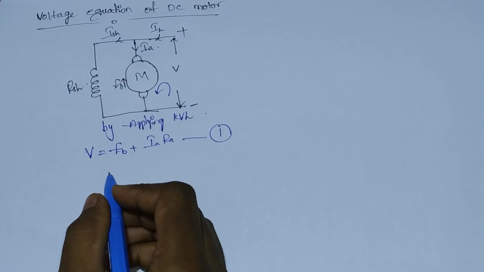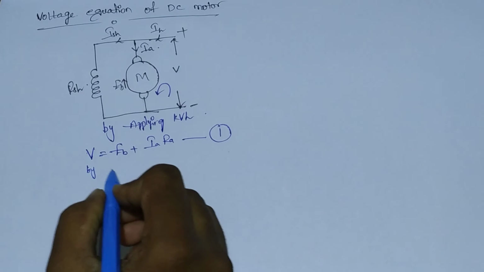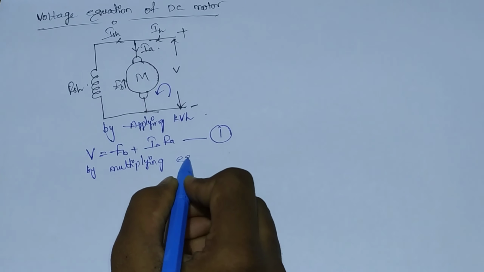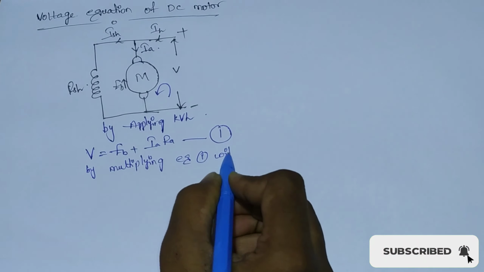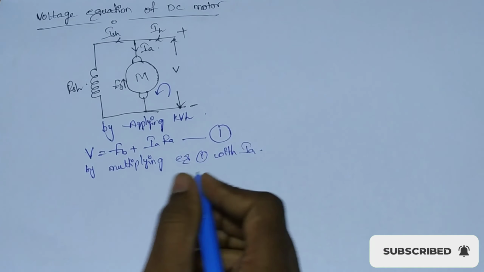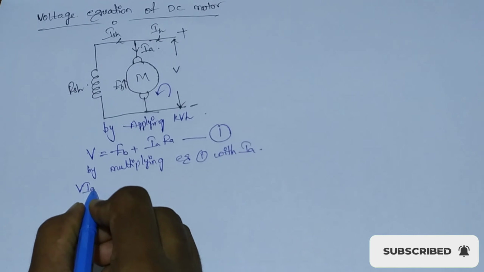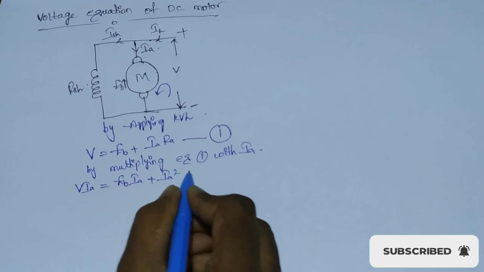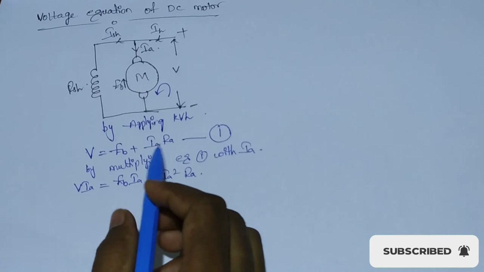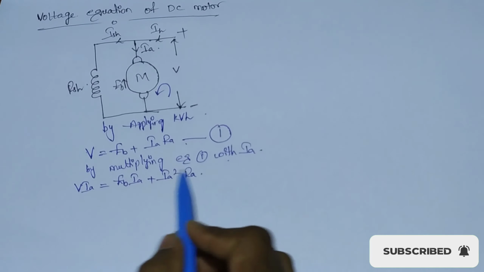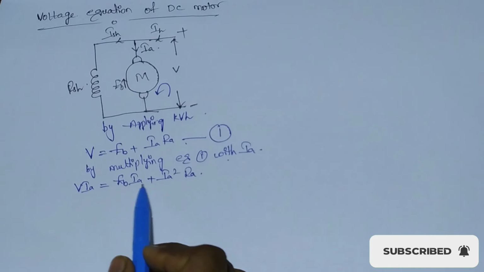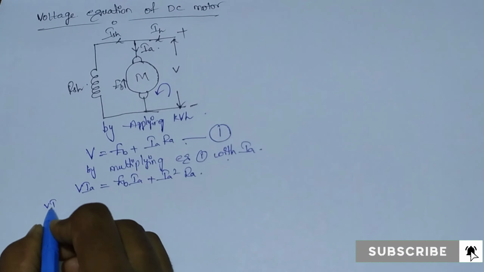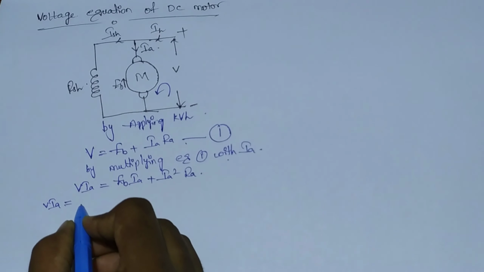Now I multiply equation 1 with the armature current IA, and I get VIA equal to EBIA plus IA square RA.